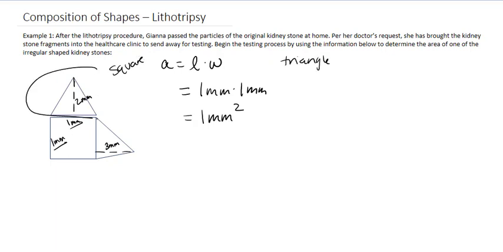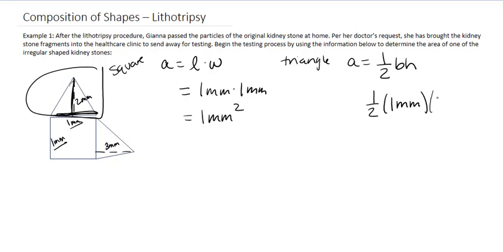Then the triangle. Let's look at this top one first. So we remember that our triangle area formula is area equals 1/2 base times the height. So 1/2. Now we know our base is right here, which is shown to be 1 milliliter. And then our height, which is going to be 2 milliliters.